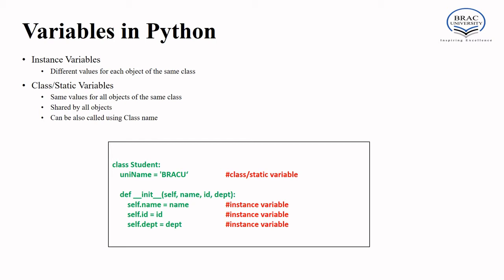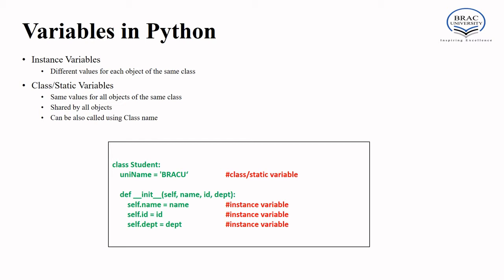The variables that are defined in the constructor, the name, ID and department, are instance variables and they are referred with the keyword self or the reference of the object that we have referred here in the constructor. So self.name equals name. This is an instance variable.